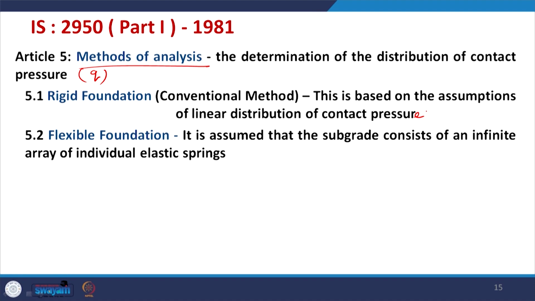The other method is called flexible foundation, where it is assumed that the subgrade consists of an infinite array of individual elastic springs. That means in the second method you assume that the soil will act like linear springs, and the raft footing is situated on the soil. So, the soil is modeled as an array of infinite linear springs.